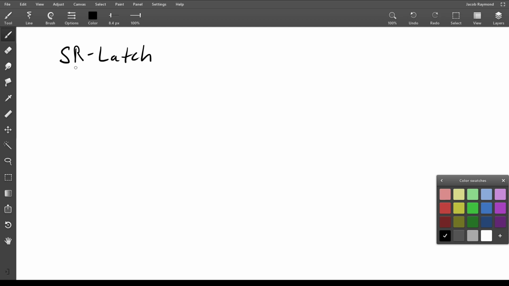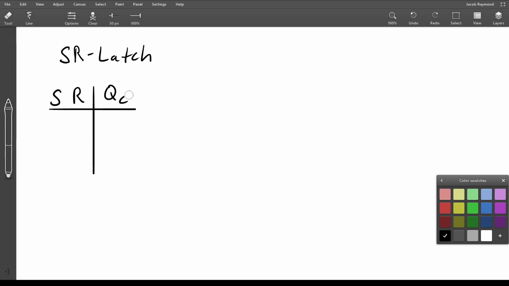And SR, the reason that there's the S and R here is because it's set and reset. It basically is pretty much the simplest possible gate that you can make. So the sort of problem here is, if I make a table for an SR latch, and this right here is Q next.